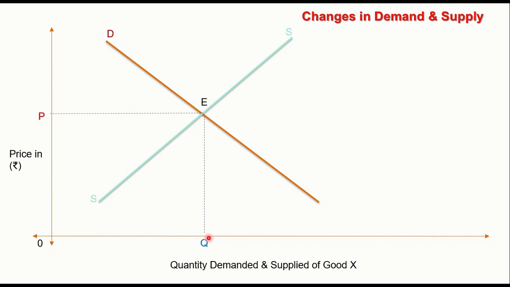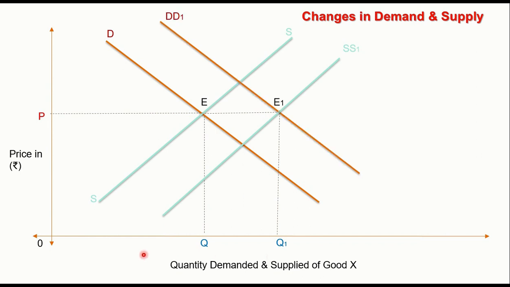When demand and supply increase by the same magnitude, the price remains the same but the quantity increases from OQ to OQ1. The changes in the equilibrium price and quantity will depend upon the relative magnitude of change in demand and supply. If demand increases by a greater proportion than supply, the equilibrium price and quantity increase, and vice versa.